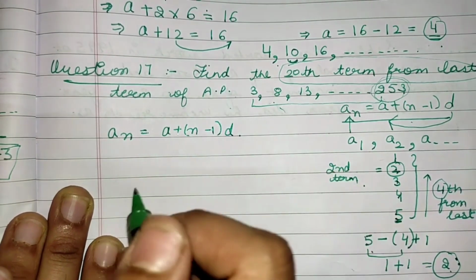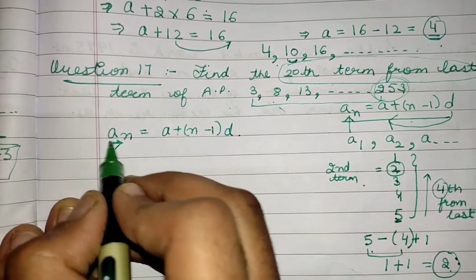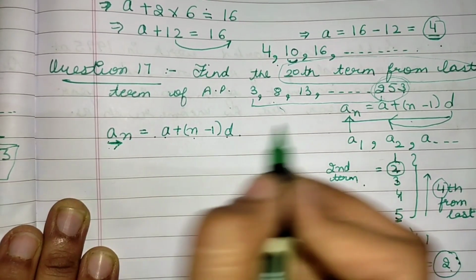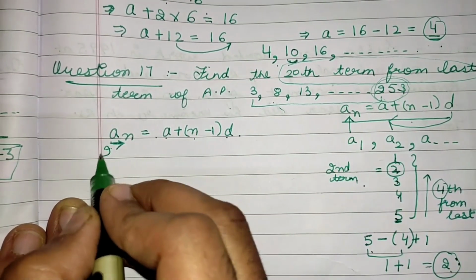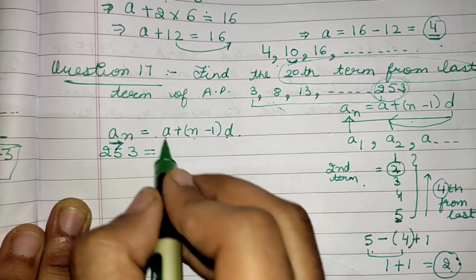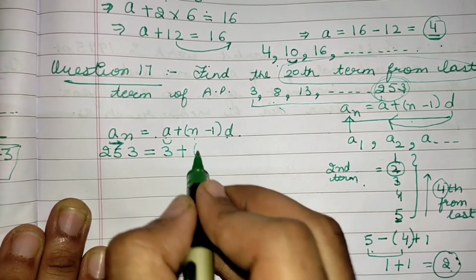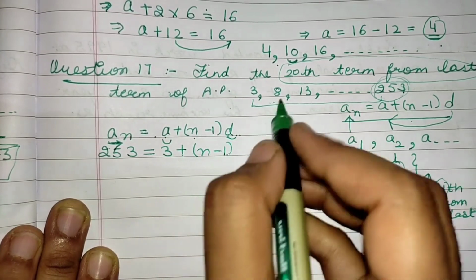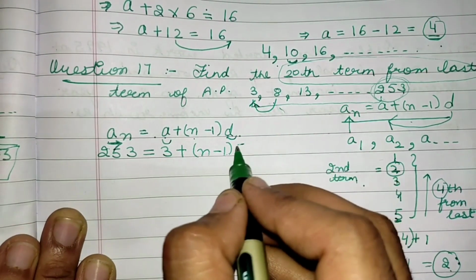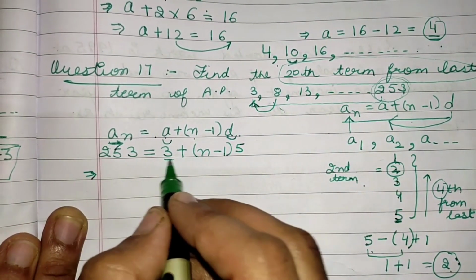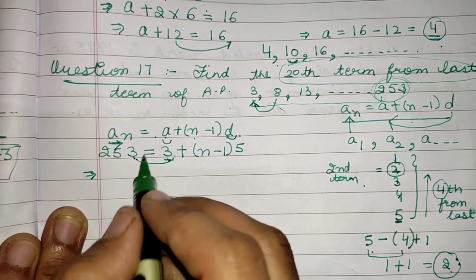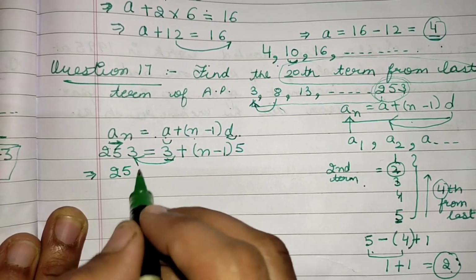So how can I get that? An is equal to a plus n minus 1 into d. An is my 253, is equal to a is my 3, plus n minus 1 into the common difference, which is 8 minus 3 is 5. This 3 plus, when it goes to the left hand side, it will be subtracted.